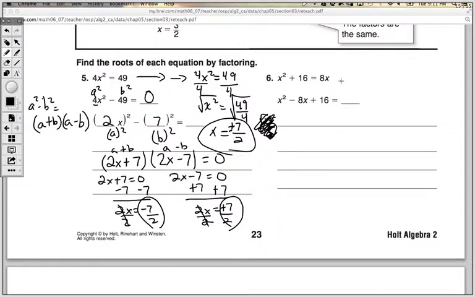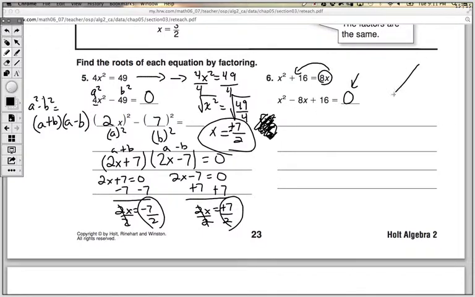All right, this one, we got x squared plus 16 equals 8x. First of all, it's usually easier to factor if it's factorable when you make one side equal to 0, so that's what they're doing. They're taking this 8x and moving it over there, but when you move it over there, it's going to be negative 8x. So we got negative 8x.